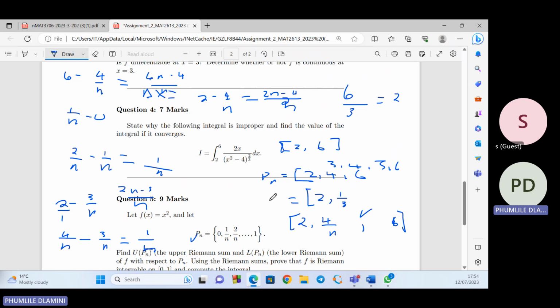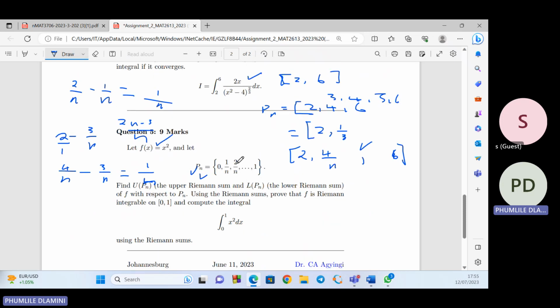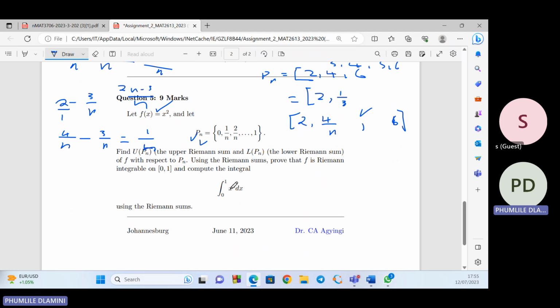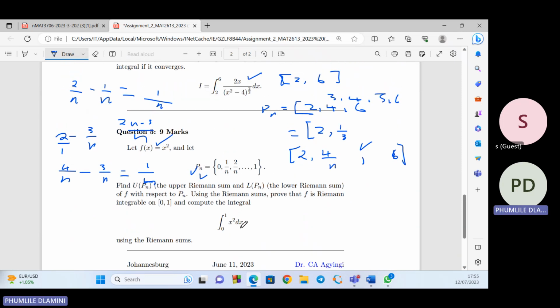So I will have to work it out so that if I have my f of x, which is this equation, then I can work the interval from 2 to 3, 6. I will have to work the interval whereby I can get the P of n. After finding P of n, when I get this interval, I'm going to use the same method that we're using to get U and L of P. I can check L of P and U of P. If they are the same, I know that it is integrable.